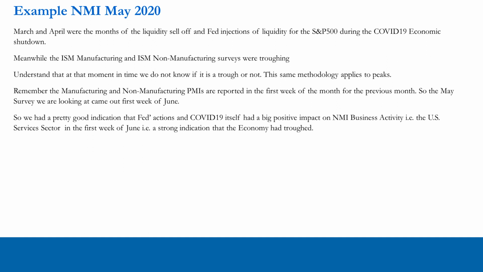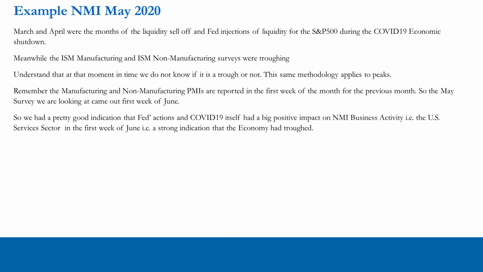So the previous month was actually a genuine peak. At troughs and peaks, the next move, the next month, doesn't confirm that the previous month is definitely a trough or a peak. What it does do is tell us that there's a very high potential that it could be a peak, and we adjust our bias accordingly.